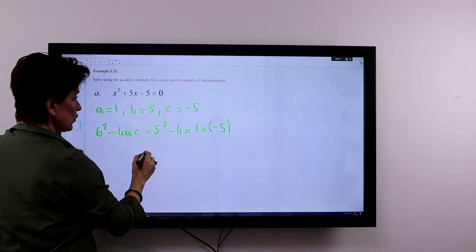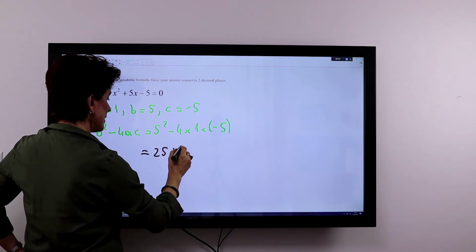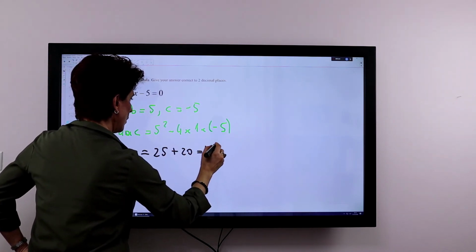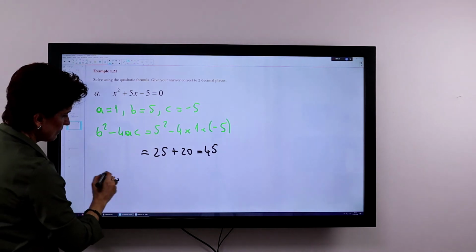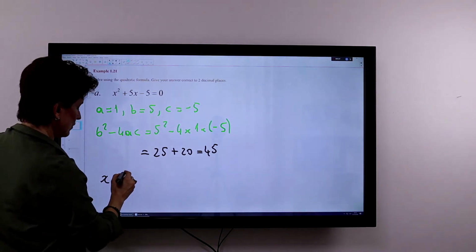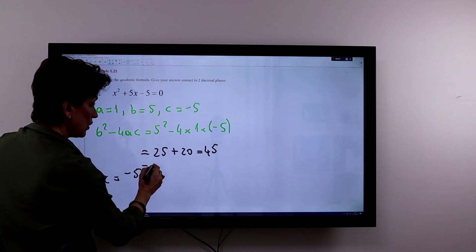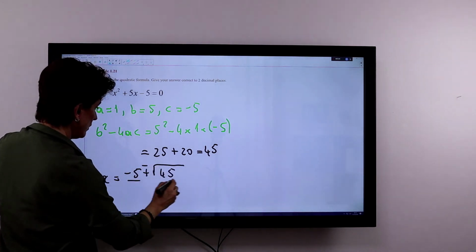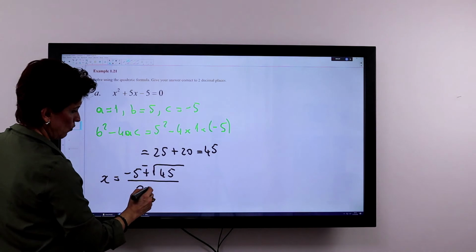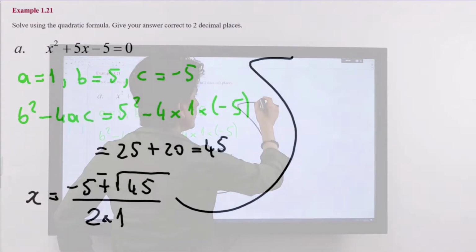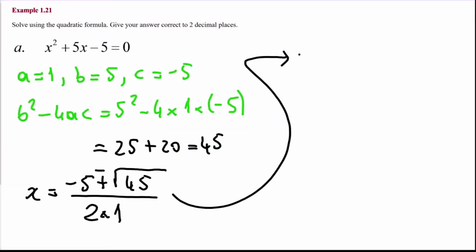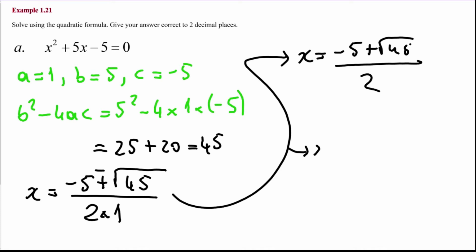Okay, 25 plus 20, which is 45, right? Okay, x equals negative b, negative 5, plus or minus the square root of 45, over 2 times 1, which is 2. So you can find x is (-5 + square root of 45) over 2. Another x value is (-5 - square root of 45) over 2.